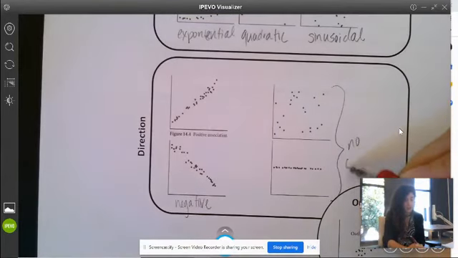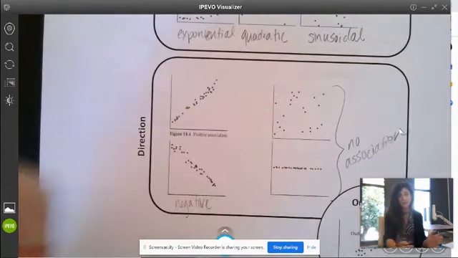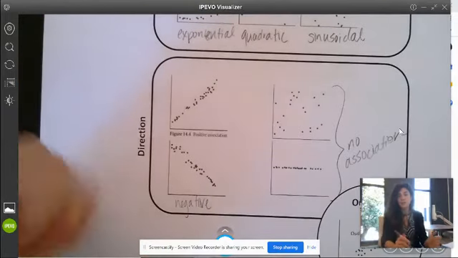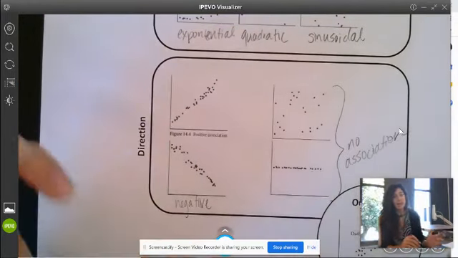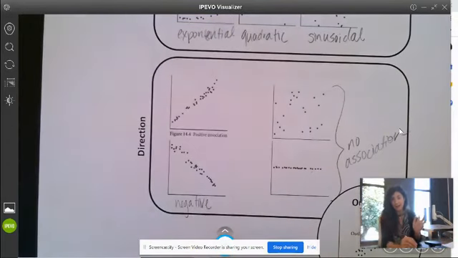Let's also talk about no association. Both of these represent no association. I think the hardest one to remember, right? Like that, you could be like, that is obvious that there isn't an association. This one is tricky, and I would assume, I haven't tested anybody on this ever in my life, but I would assume that this one would be tricky to remember, that this is actually no association.